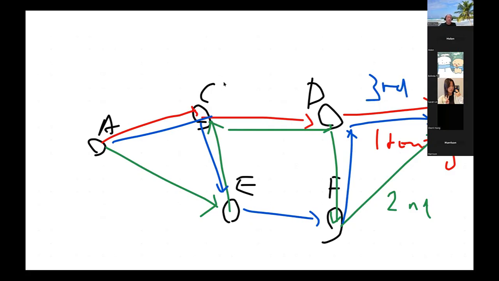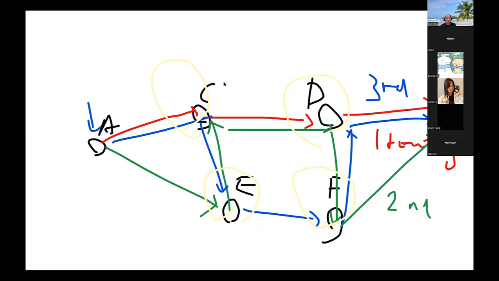So A to B is end-to-end communication. And then this guy, this guy, this guy, this guy: any computer in the middle that provides service for us is called a router.